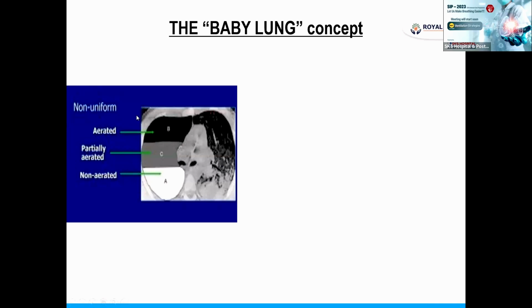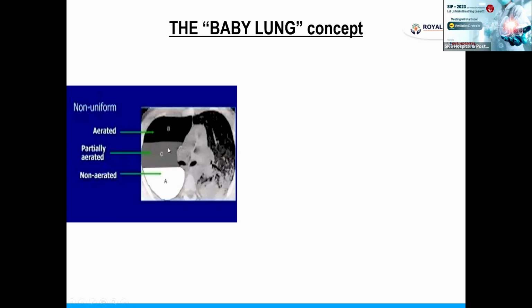When you are giving the same tidal volume with the same pressure as you are giving to an adult who has the whole lung preserved, this amount of normal lung is going to take the brunt. And whatever injury is going to happen because of that tidal volume and pressure is going to worsen the normal portion of the lung.